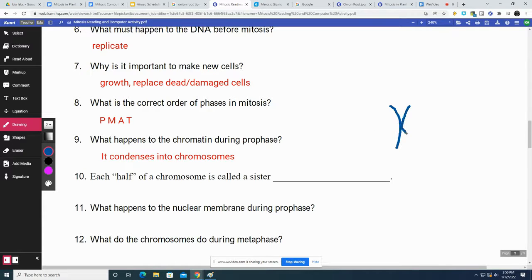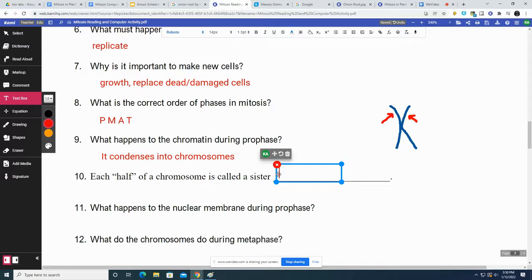Each side of that chromosome is an exact copy. Each side they're exactly the same. But each little leg, that little leg right there, and that little leg right there, those are called sister chromatids. Once they separate from each other, they're no longer chromatids. Now they'll be a single-stranded chromosome.